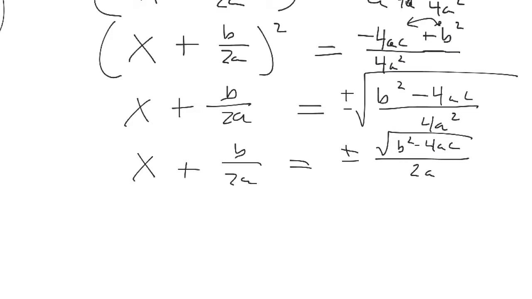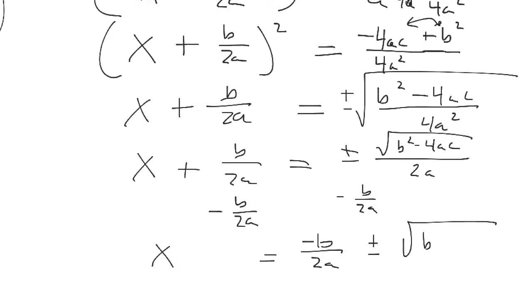I'm going to subtract b over 2a from both sides. You get x is equal to negative b over 2a, plus or minus the square root of b squared minus 4ac, also over 2a.